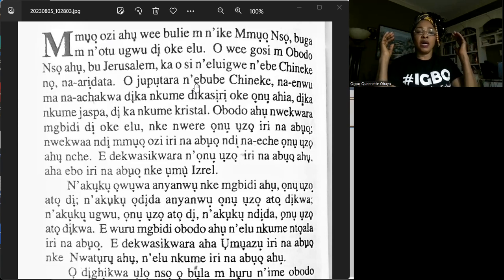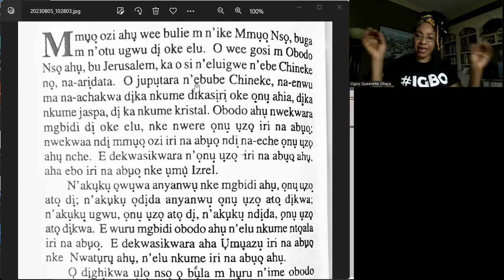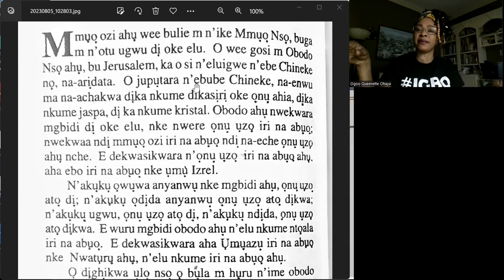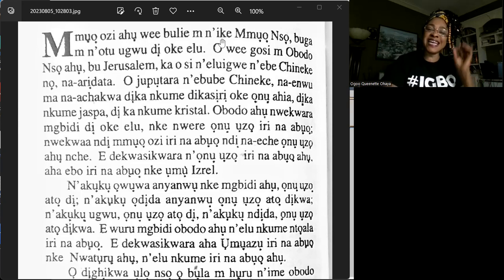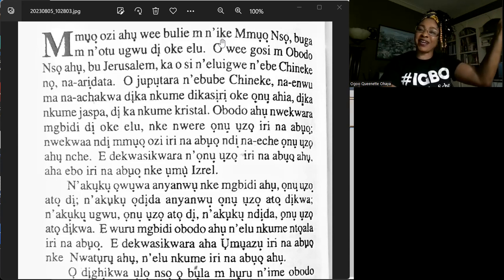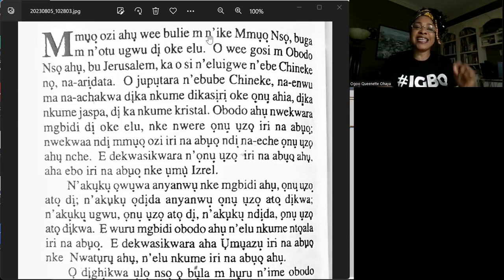So when you go over it and come across a word you don't know, make a note there and ask me when you come to class. So, Mwozi ahụ wee bulie m n'ike. Ike is the strength, the power of the Holy Spirit. N'ike. Ike means power or strength.